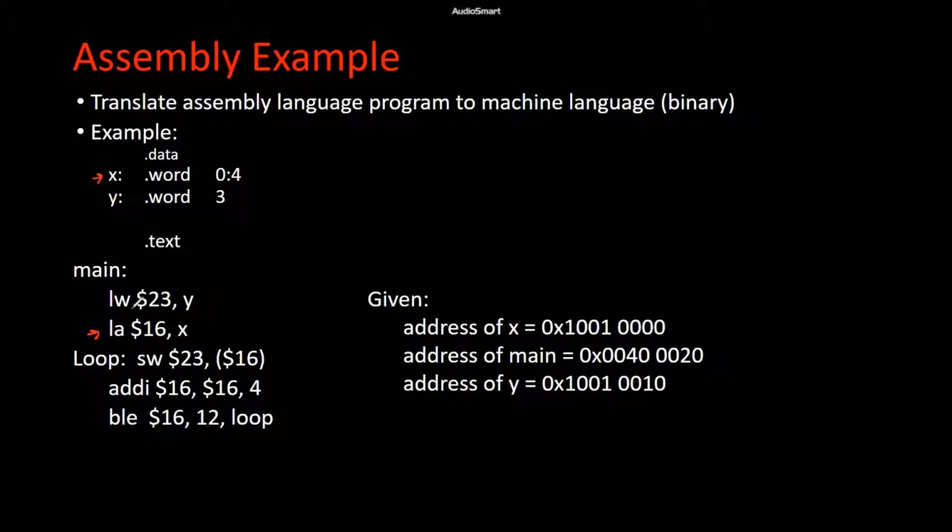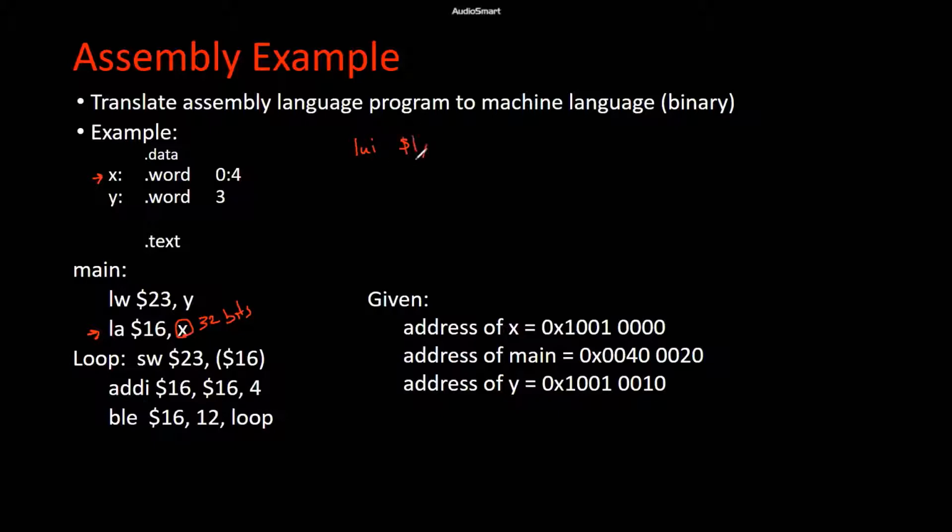But again, LA is a pseudo instruction. We cannot have 32 bits for the exact same reason. This is 32 bits, and we cannot store that whole 32 bits in one instruction. So we have to construct this address first. And basically, every time we are doing that, we are doing a load upper immediate, and we are just using register 1.